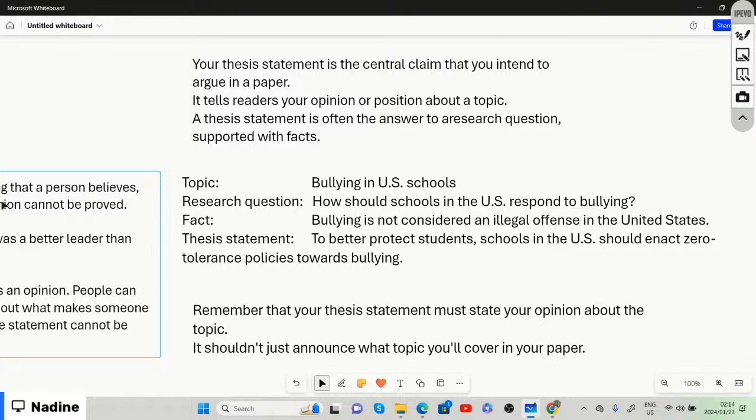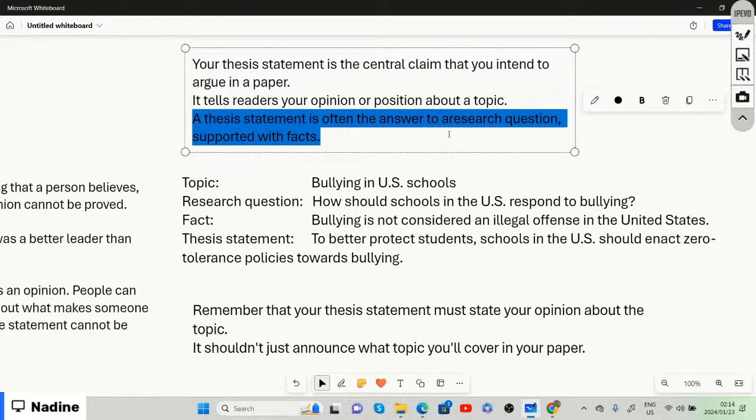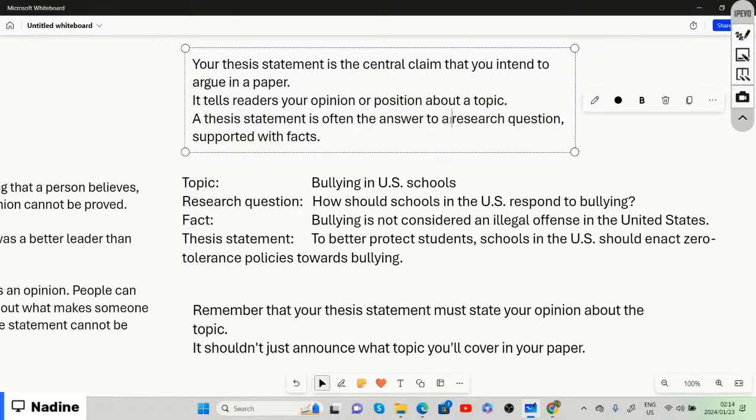And a thesis statement is often the answer to a research question, supported with facts.